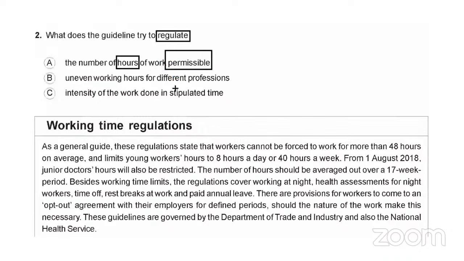Uneven working hours for different professions. So this is uneven working hours. Intensity of the work done in stipulated time. So this is intensity, or you can say stipulated time.